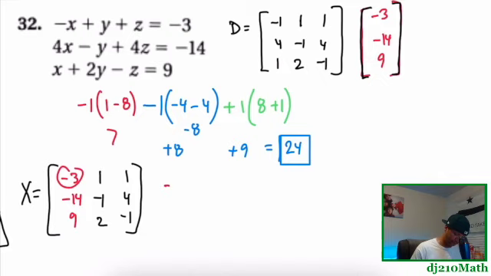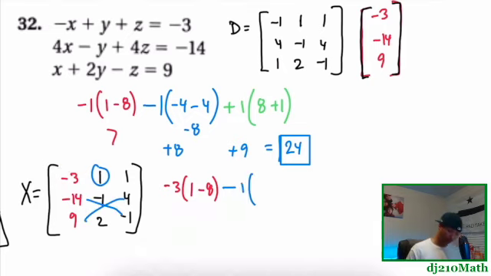-3 times diagonals. +1 minus 8. Always minus. It's going to be these ones. So +14 minus 36 plus. Uh-oh.